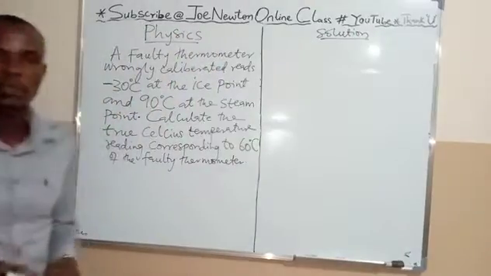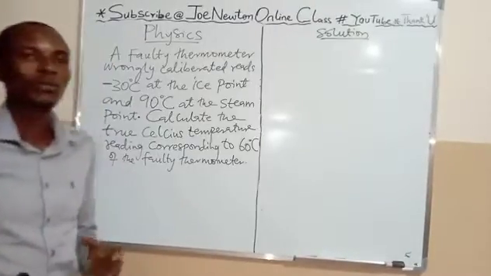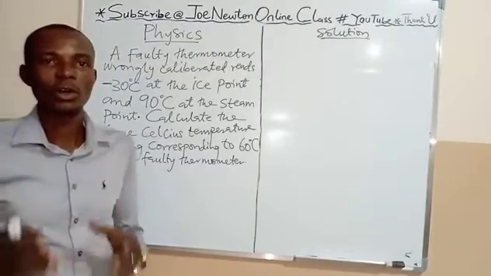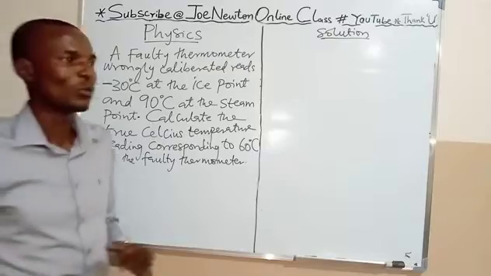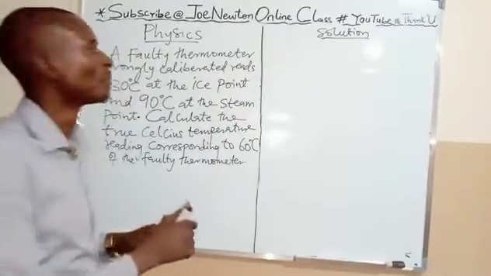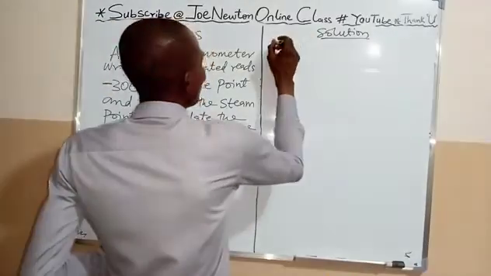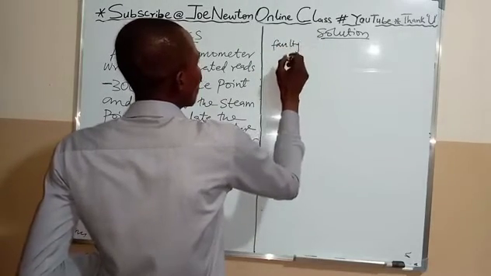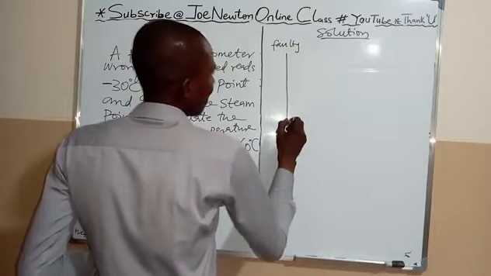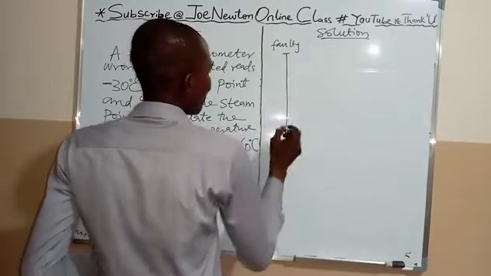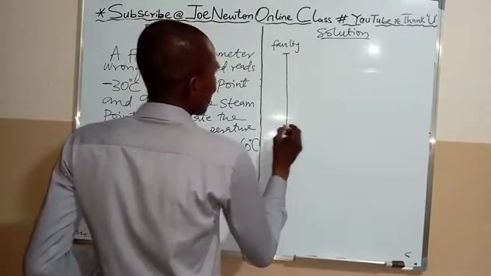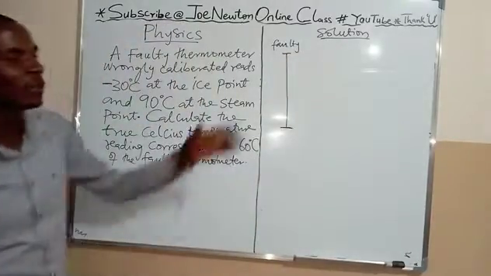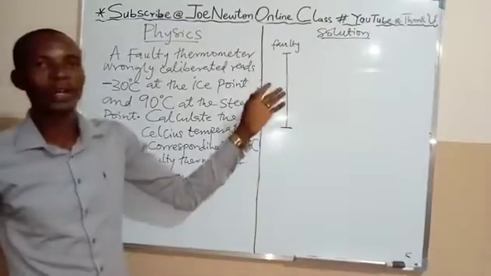Now, in solving this question, we look at this case. We have two thermometers here. One is correct and one is incorrect, or wrongly calibrated. Now, we have to give the two scales. Let's take this one as the faulty one, the one that is not correctly calibrated.